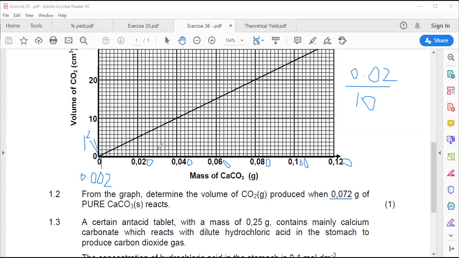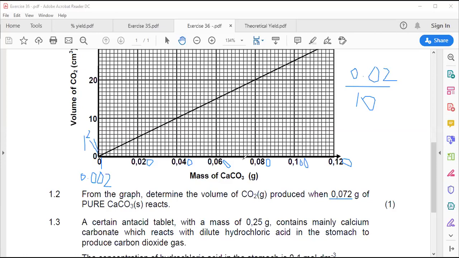Now for you to identify your 0.072, you start from here, 0.060, 0.062, 0.064, 0.066, 0.068, then you've got 0.070, then your 0.072. Let me choose the red color.